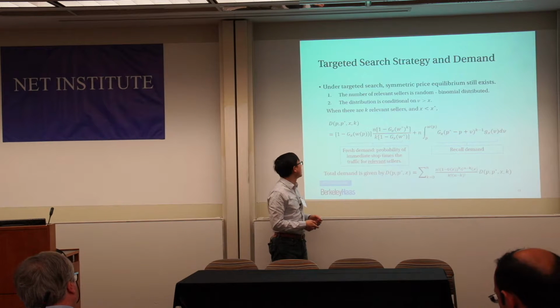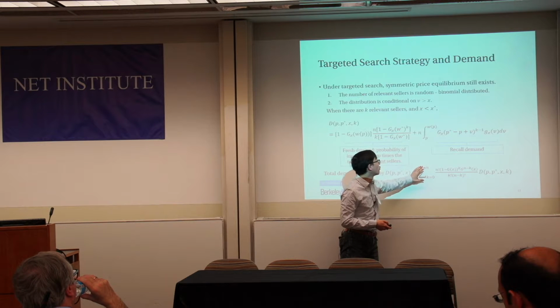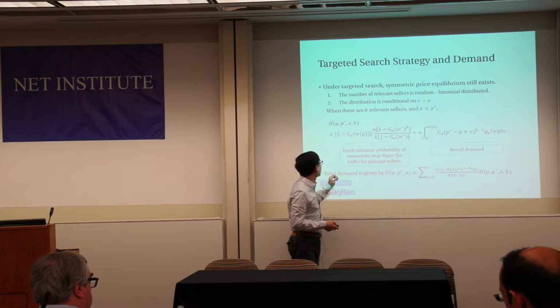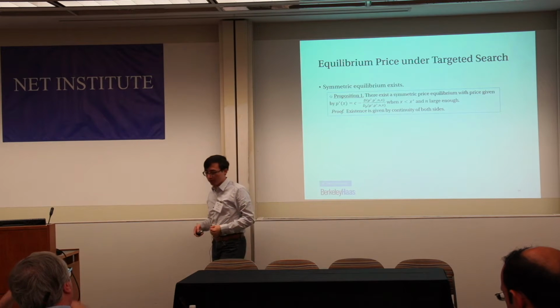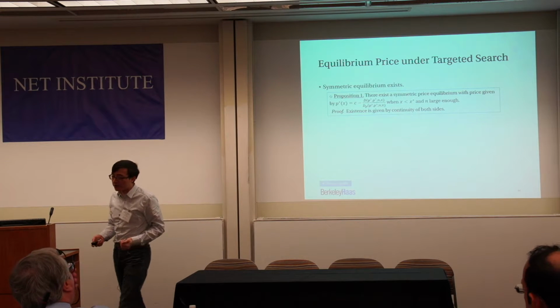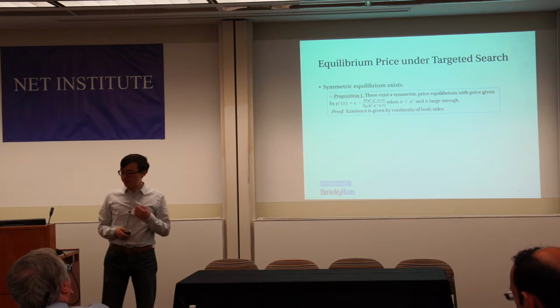Okay. Now we can integrate that over the distribution of sellers, and we can get the total demand. So first, I'm going to prove that the equilibrium actually exists when the number of sellers is large enough.